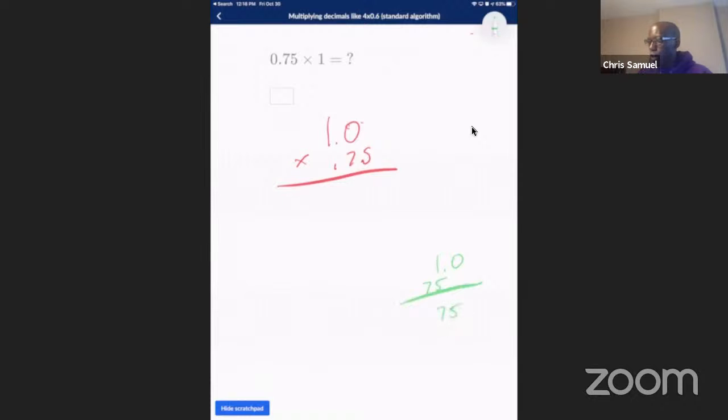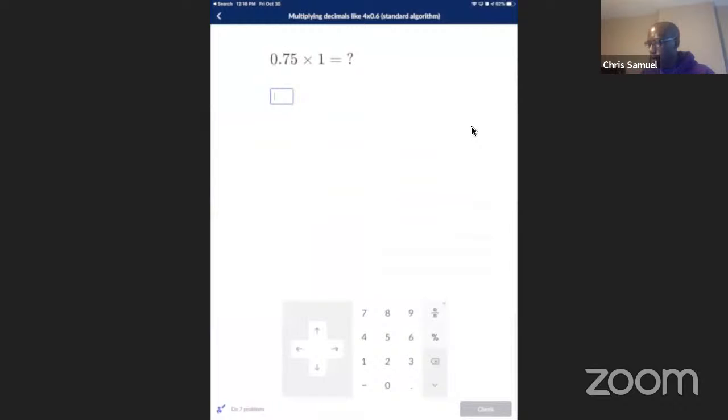But because we have 2 digits behind the decimal point, we have 2 decimal places. So if I do 1 times 0.75, you go 1, 2 here, because of the 2 pieces over here, and you should be able to see that there's 75.